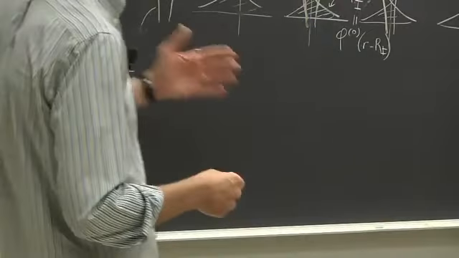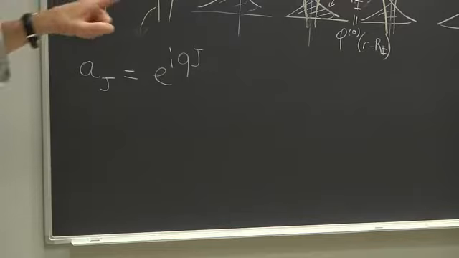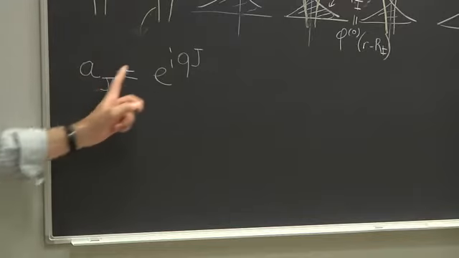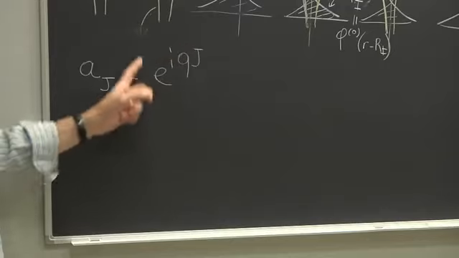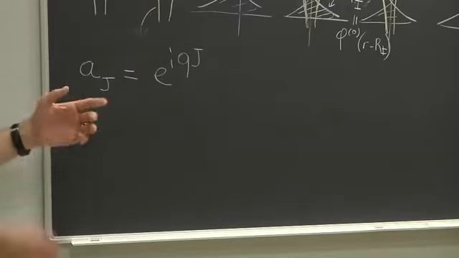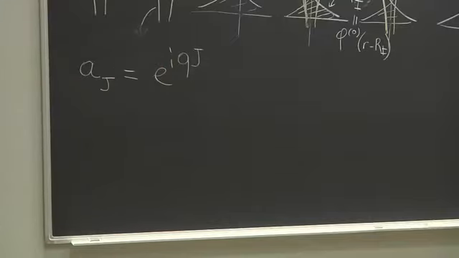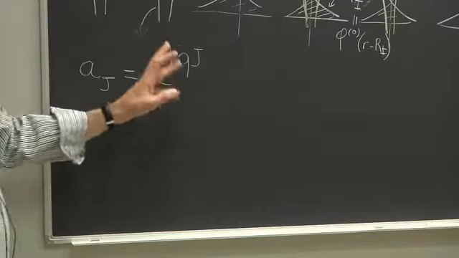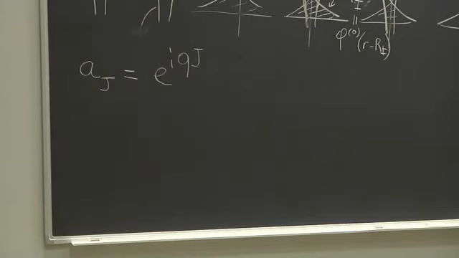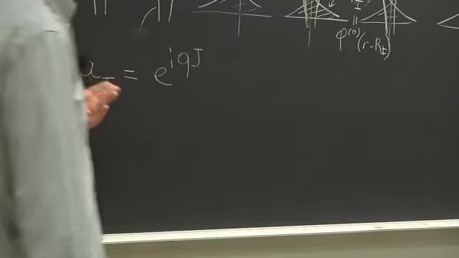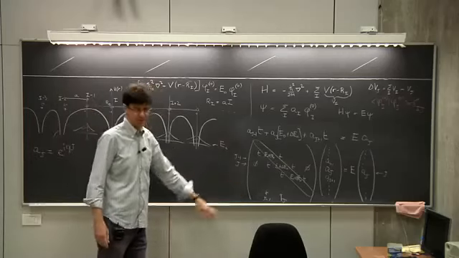I tell you this is a possible solution to this problem. Notice that by this I mean all the j's, because I can express every j in this form, where q is something to be determined. Let's see the possible values of q, and whether this expression solves our infinity by infinity problem.